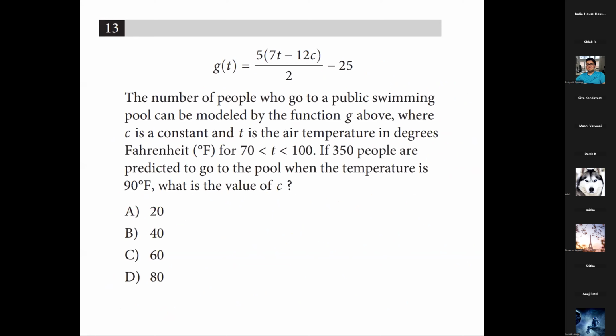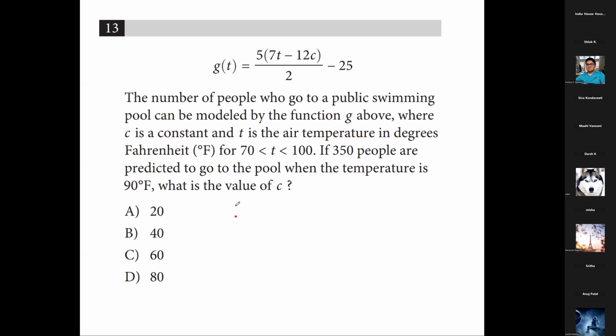Okay, so we're on question 13. We're given an equation and we're told if 350 people are projected to go to the pool, well, 350 people would be the function g, which is the number of people.